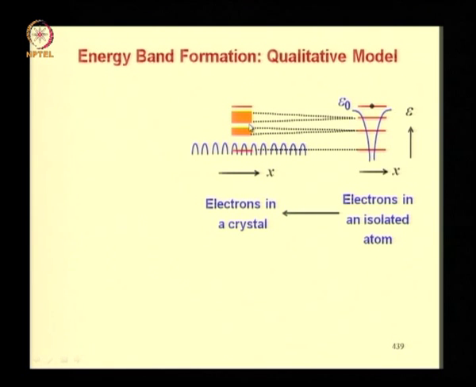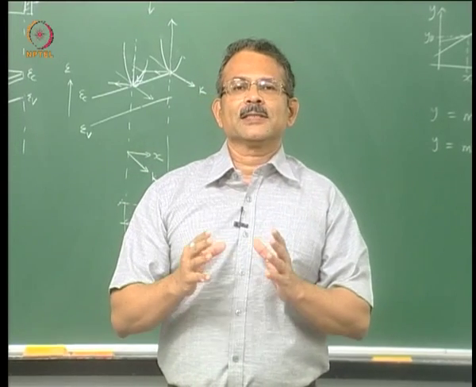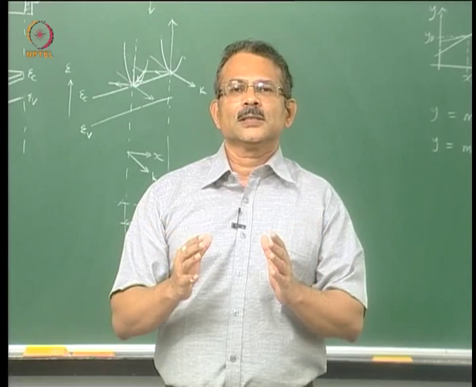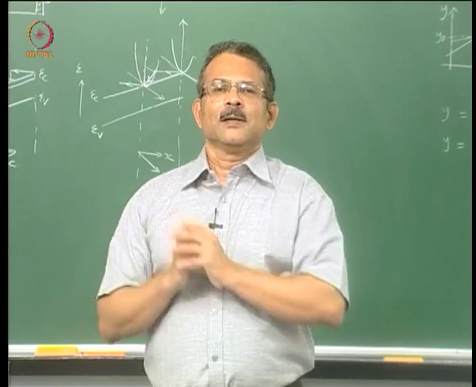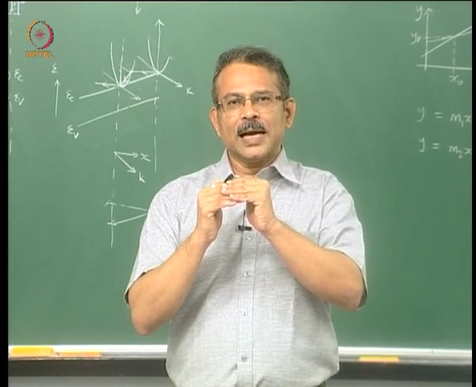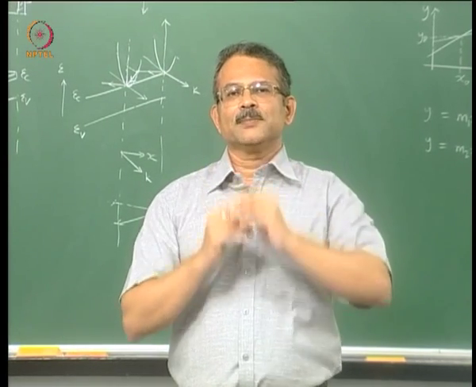This splitting of an energy level, or spreading of an energy level into a band, can be visualized as a consequence of Pauli's exclusion principle, according to which no two electrons in a system can have the same energy. So when you put a large number of atoms together, all their electrons cannot have the same energy which they had when the atoms were isolated. So they develop different energies, and since there are so many electrons, their energies are very close to each other, and so the allowed energies become a band.